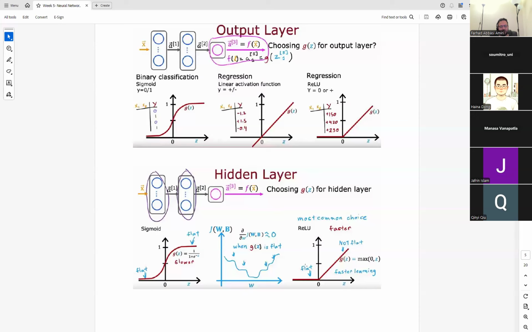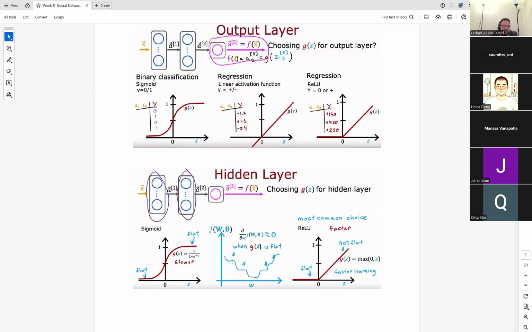right? Flat area. And then if you start your gradient descent calculation from this point, and you take a baby step and you come here, you get stuck here because it's flat. And then you take baby steps up to this point, then you get stuck here, up to this optimum point.